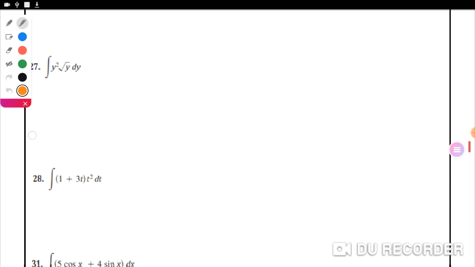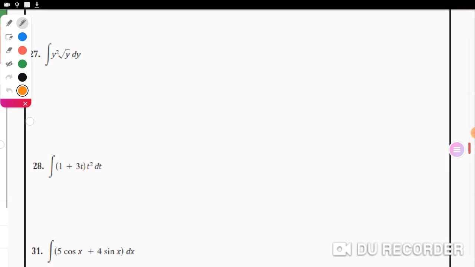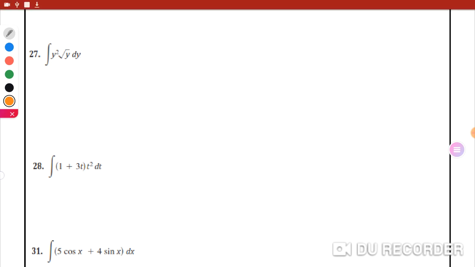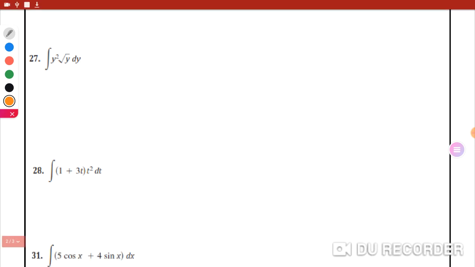Here for this one, in the same way, please focus with me. Here I need to rewrite the function as a power because I don't have any rule of integration to help me integrate this problem.